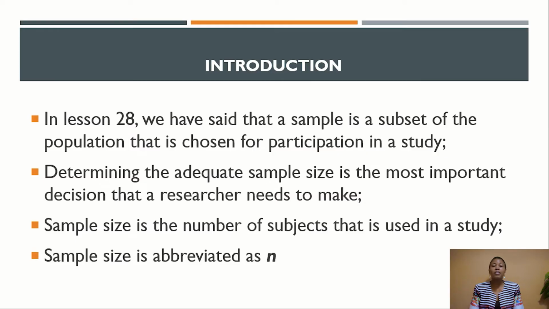Sample size is the number of subjects that is used in a study, and it is normally abbreviated as small n. So note that the number of people whom a researcher will use in the study is what we call a sample size.